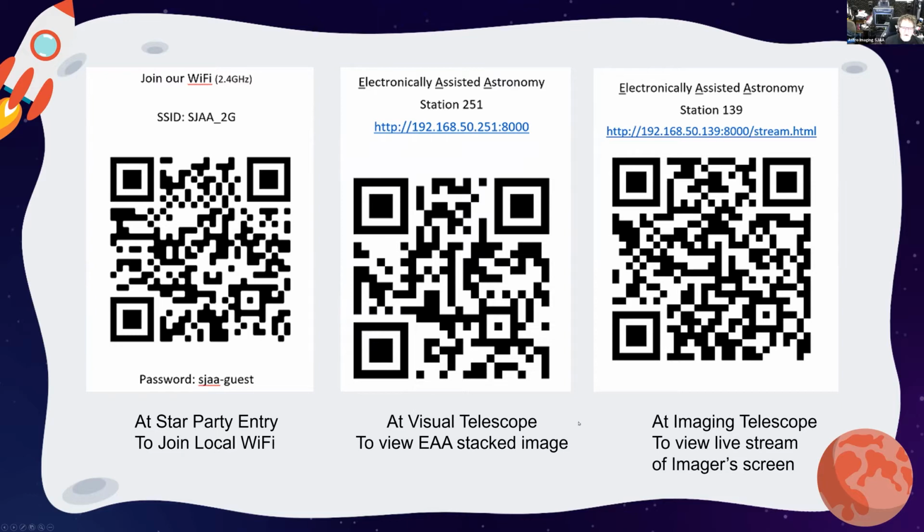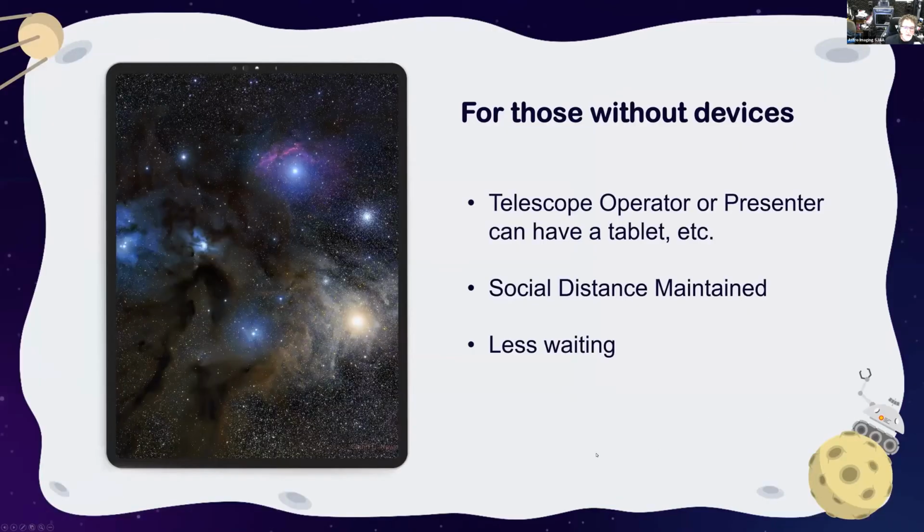As you go to each station, each telescope, they'll have a sign that you focus on, and you can see the image. I've also got the information that the QR code is telling you here in text, just in case you don't know how to use a QR code, or you're more comfortable typing it in yourself. So that's how that's going to work.